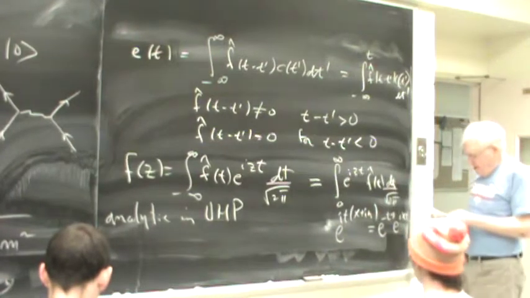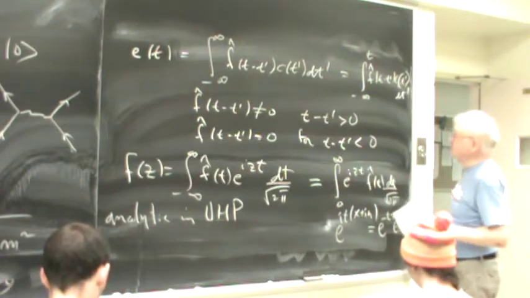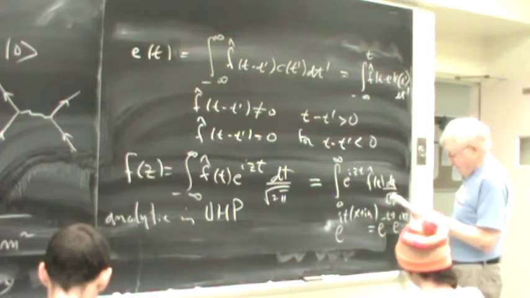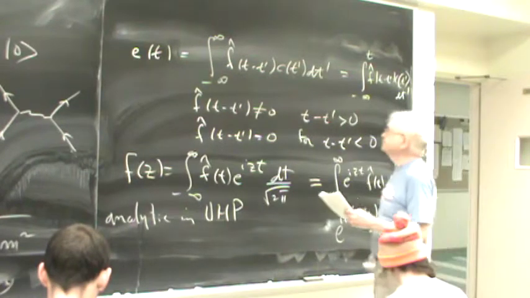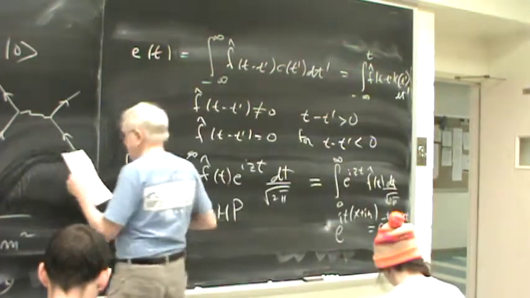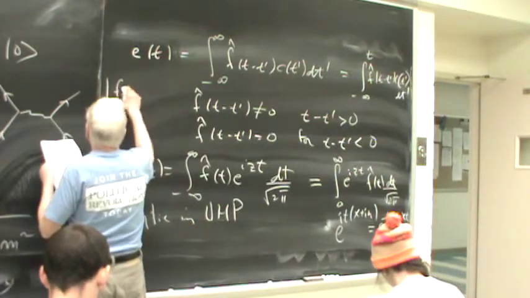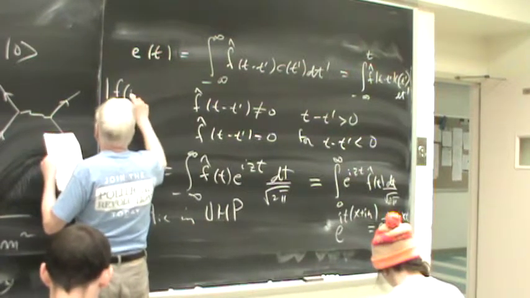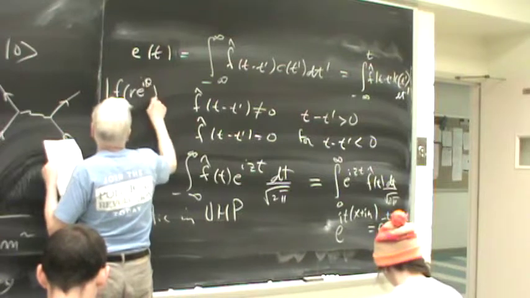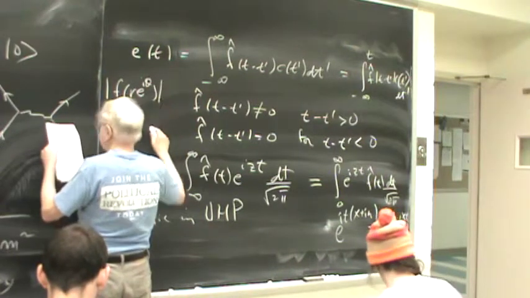All right. So now, what we normally do is say, well, this f is analytic in the upper half plane. Let's make one more assumption that makes things useful. Let's just write it as r e to the I theta.